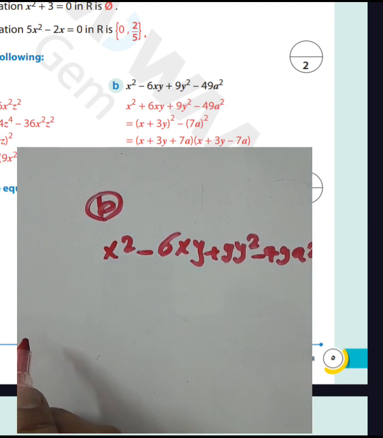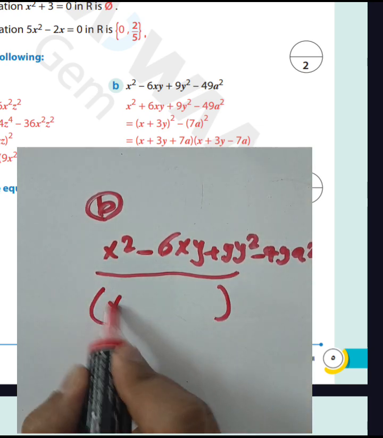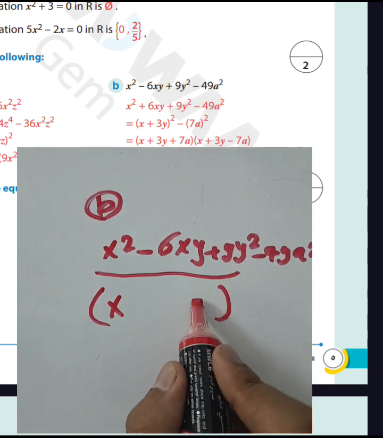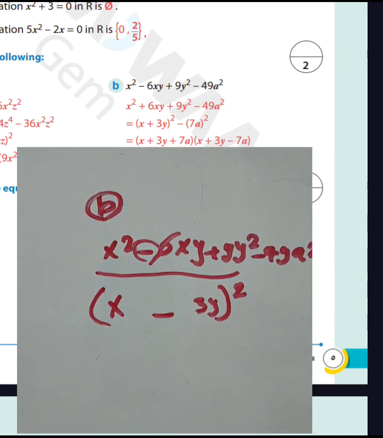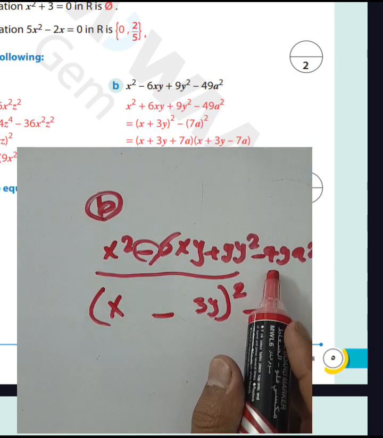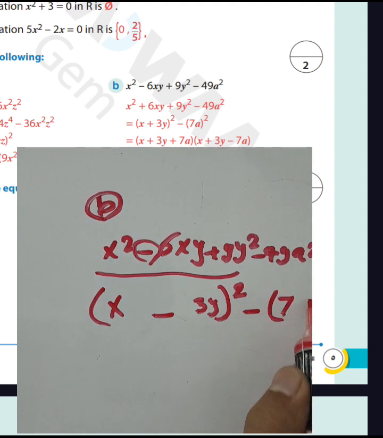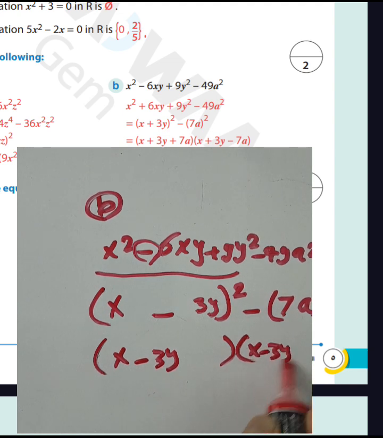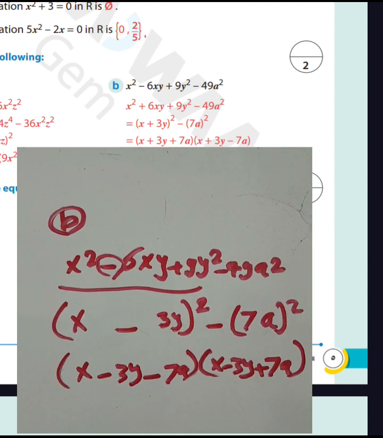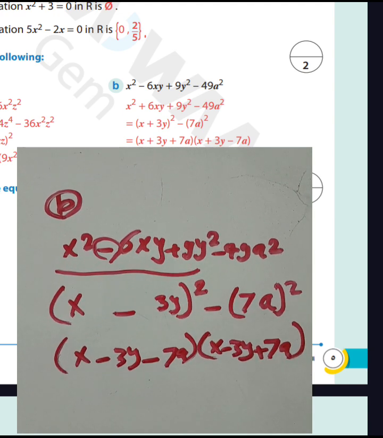We have here the square root of x power 2 is x, the square root of this number will be 3y, right, power 2, and write the sign here negative, subtract 49a power 2, it was 7a all power 2, because 7 power 2 will be 49. And then we can repeat: x minus 3y, write negative and positive 7a and here 7a. It's the result of this question.